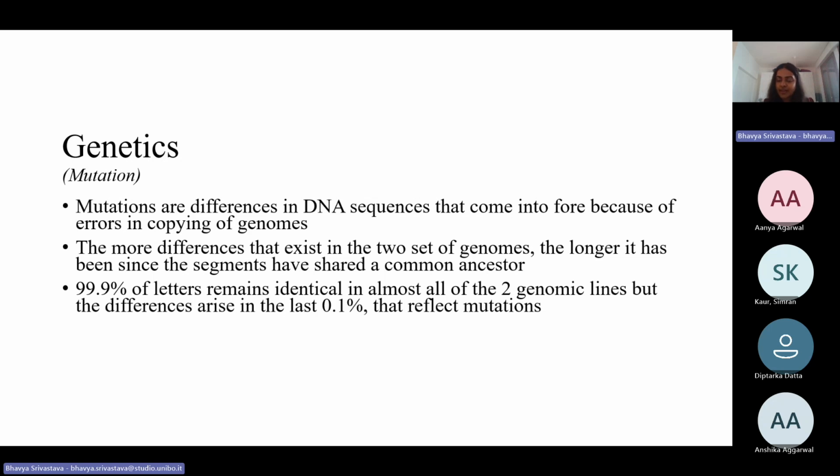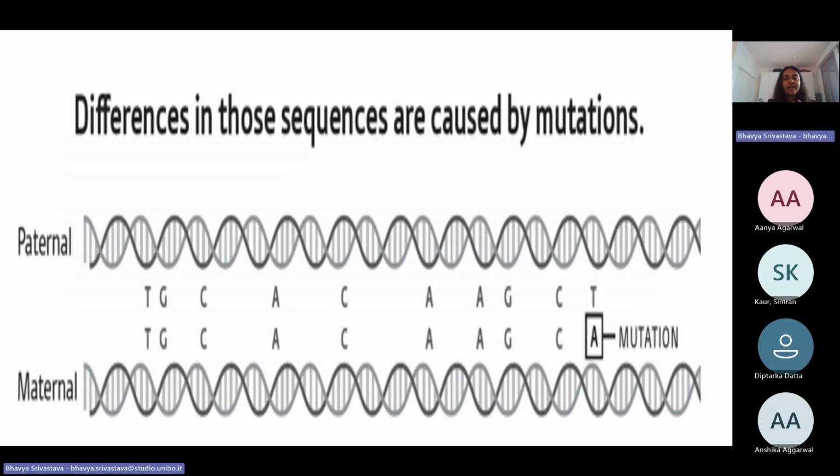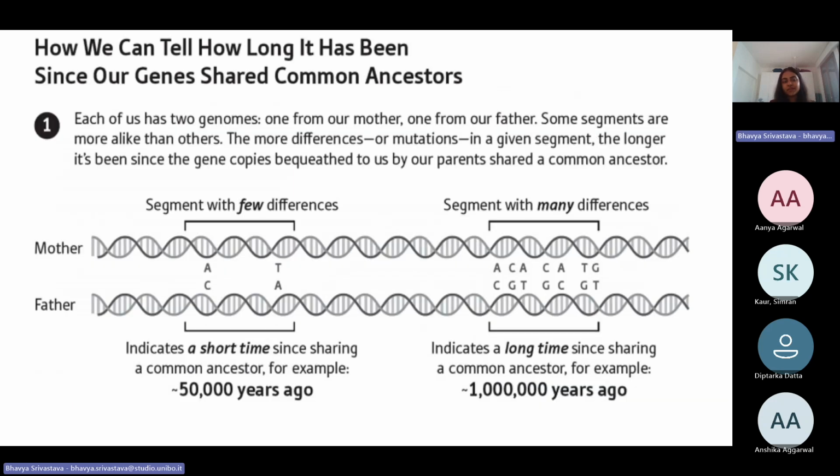Another important point to be considered here is that the more differences that exist in two sets of genomes, the longer it has been since they shared a common ancestor. What it exactly means is, think about this. You have DNA coming from both the parents' sides, the mother's side and the father's side.